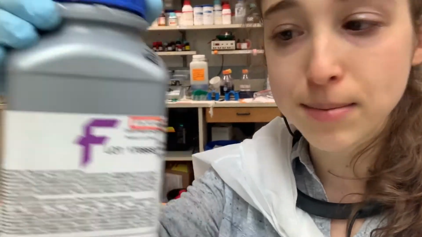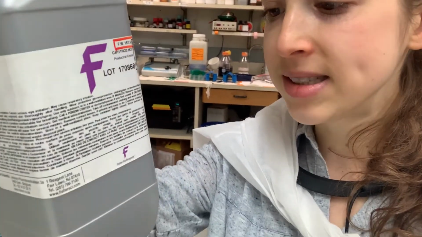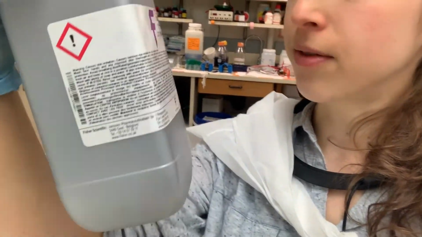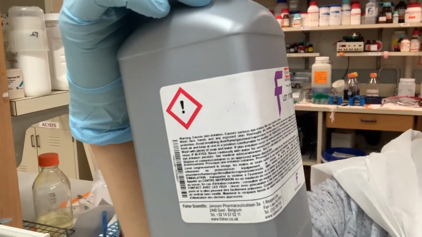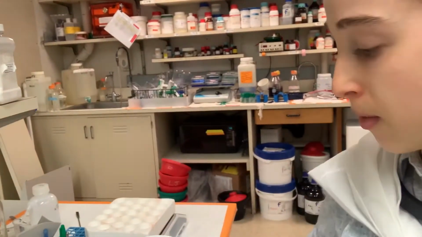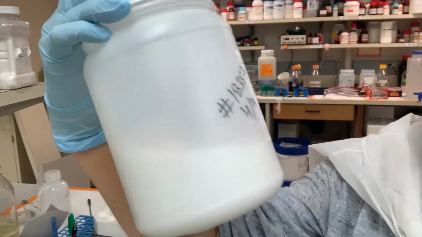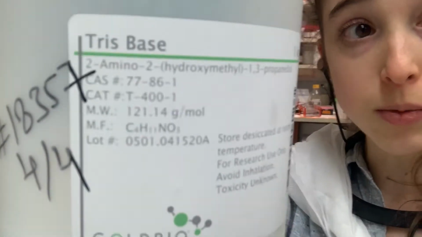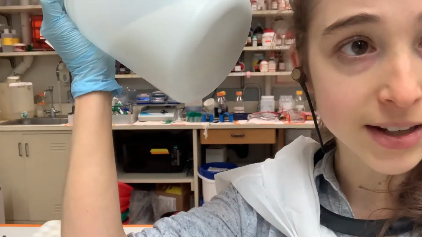If we look at the molecular weight, for tris hydrochloride it's 157.6 grams per mole, whereas for tris base it's 121.14 because it doesn't have that HCl.